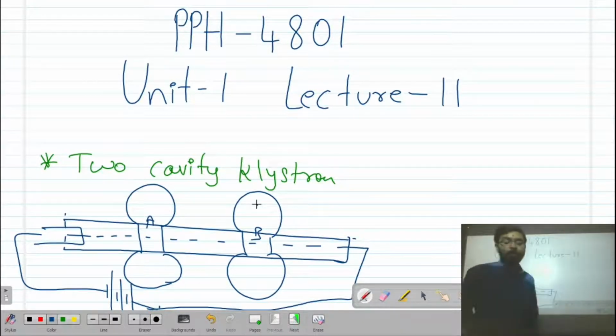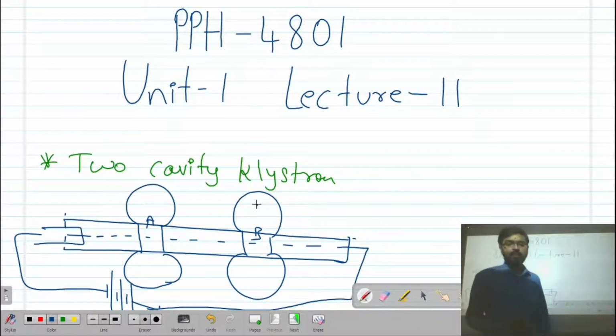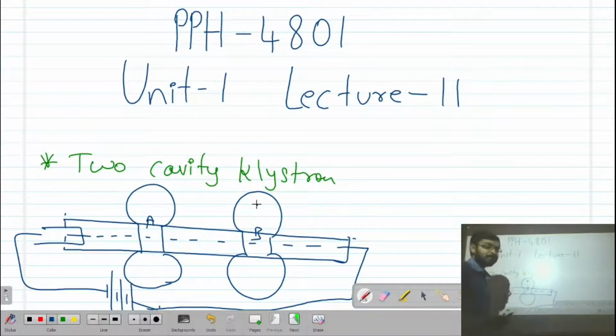and with respect to the Applegate diagram, we have studied the working principle of this two cavity klystron. Now, remember that with the help of a two cavity klystron, you can have amplification.